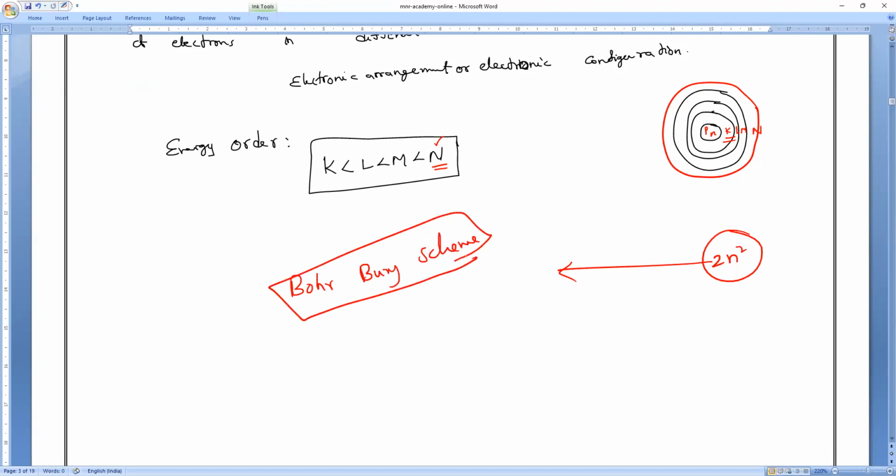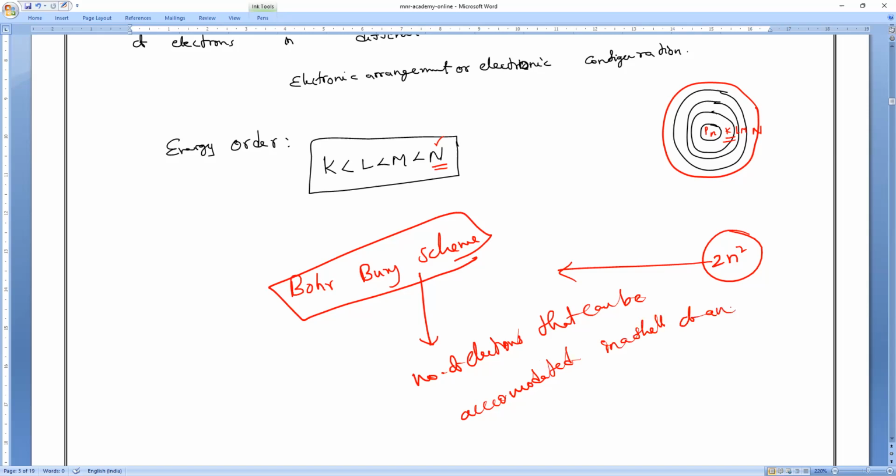It gives us the number of electrons that can be accommodated in a shell of an atom. Note it. Clear, everybody?